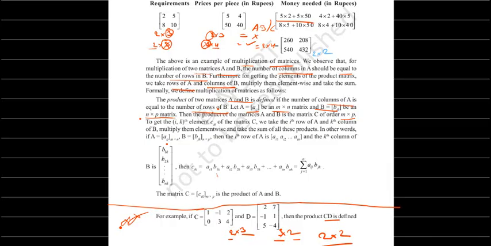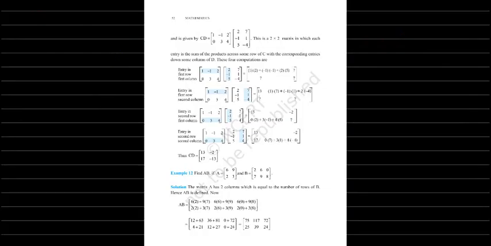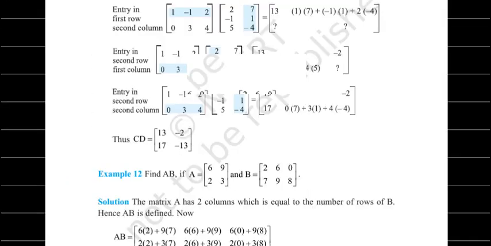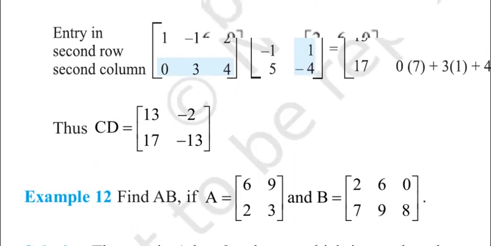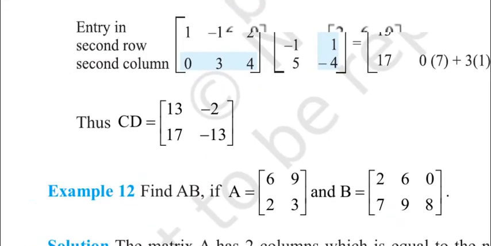Here itself you can see 13, minus 2, 17, minus 13. We will see here itself 13, minus 2, 17, minus 13.